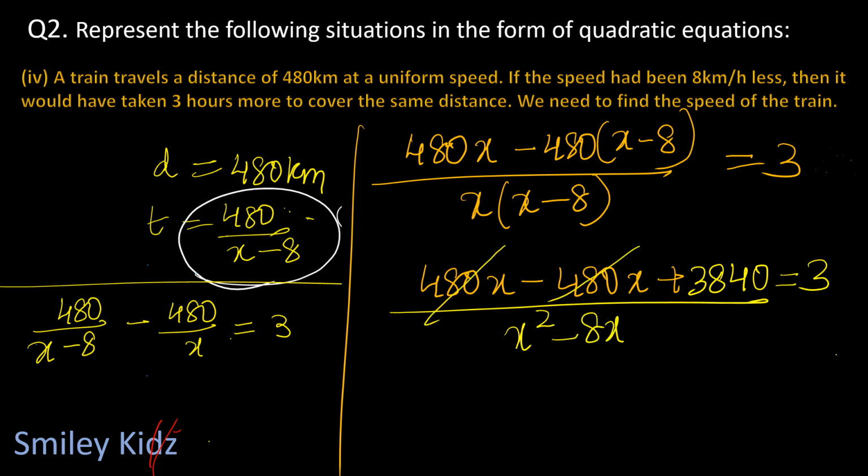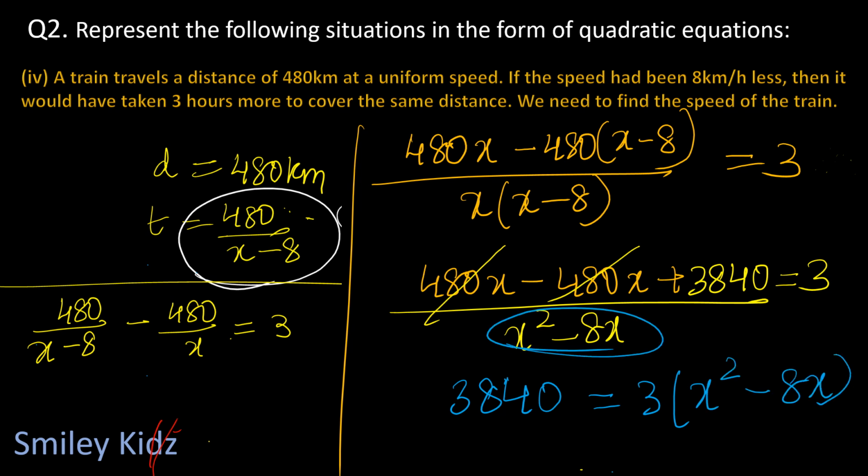Now 480x minus 480x both are cancelled. I'll be left with 3840 equals to 3 into x square minus 8x. Here it is in the denominator. When it goes to the other side, it turns out to be multiplied, isn't it? So 3840 equals to 3x square minus 24x.